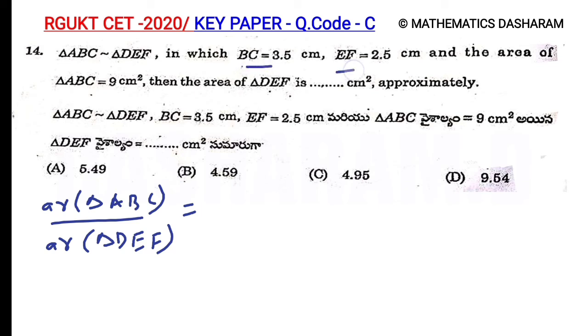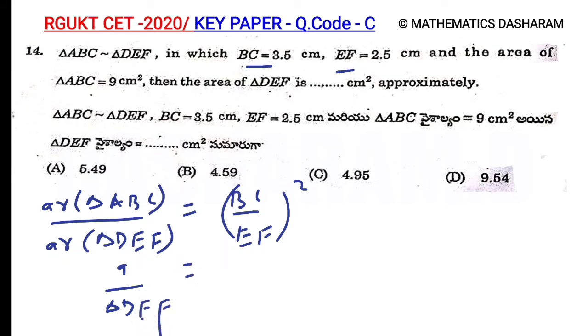So here the corresponding sides are BC divided by EF whole square. So area of triangle ABC is 9 divided by area of triangle DEF is equal to BC value 3.5 divided by EF value 2.5 whole square.